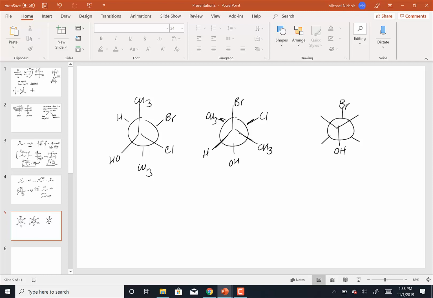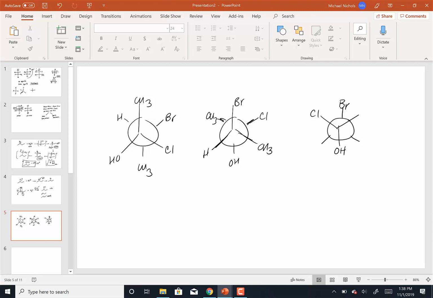So kind of like what I did when I rotated the Fisher projection, where we went from upper right to lower left, we're going to do the same kind of thing here. The chlorine is in the back right. When I flip it around, it's going to be in the front left. The methyl group is in the back upper left.